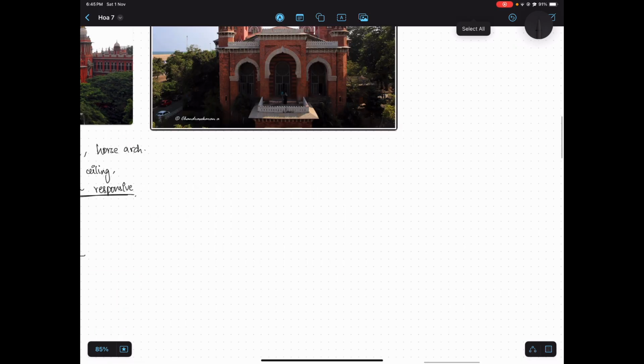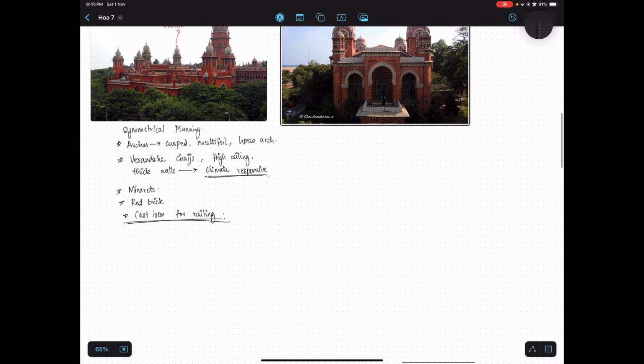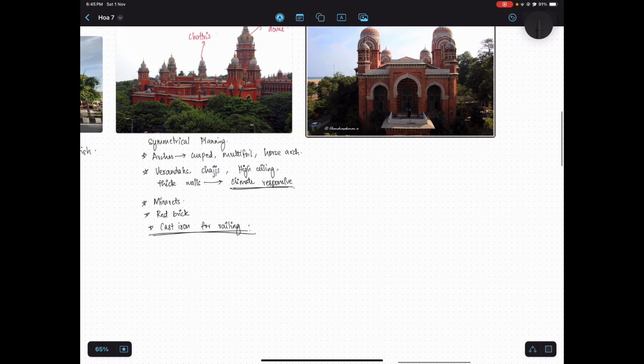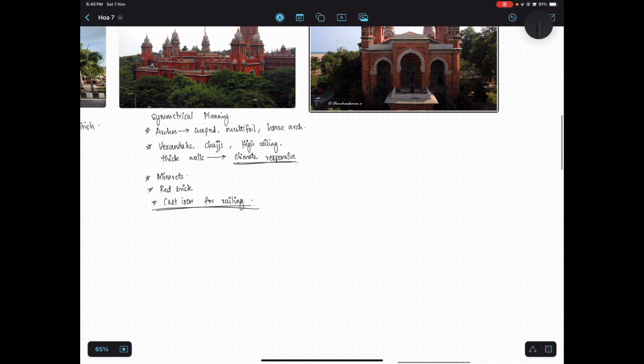Before going into the Senate House, there is one thing that I missed about the High Court, which is that this is the second largest judicial building in the world, the first being the Courts of London. So this is the second largest judicial building in the world as of now.